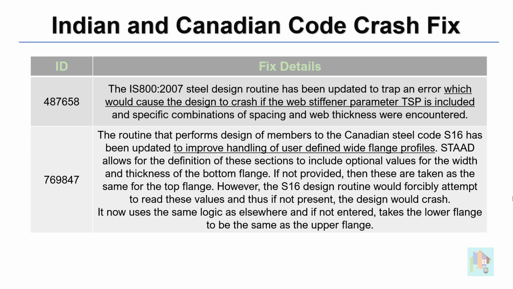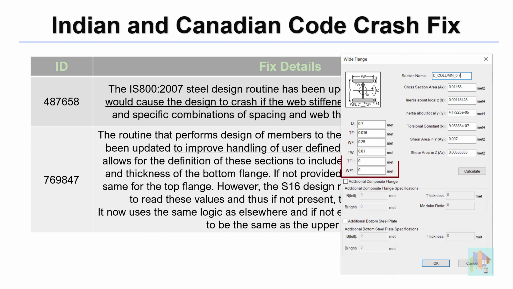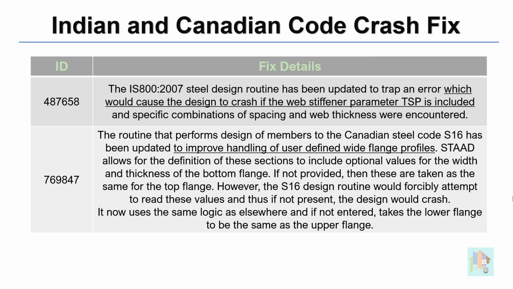Also, we have noticed that in update 8, if the bottom flange width and thickness of the tapered or user table wide flange section is specified as 0, then the program crashes during member design using Indian or Canadian code. This problem has also been fixed.